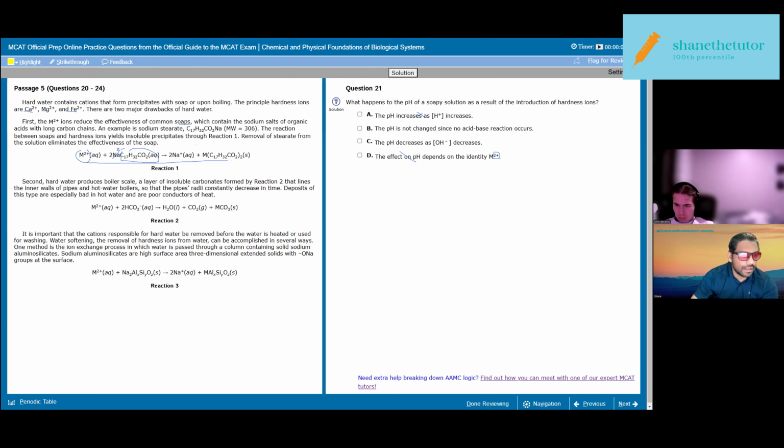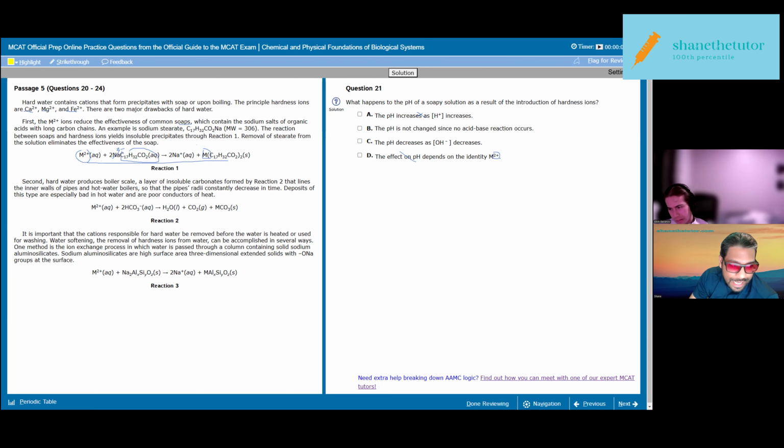And if the M2 plus ions, the hardness ions, don't let this stay negatively charged, it will donate the 2 plus charge to give you this. That means you are not taking hydrogens from the environment anymore, so they're present, and that means the pH should decrease then, right?